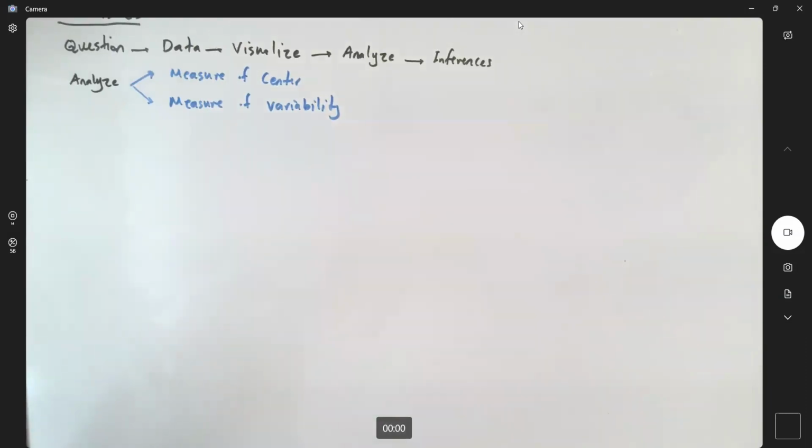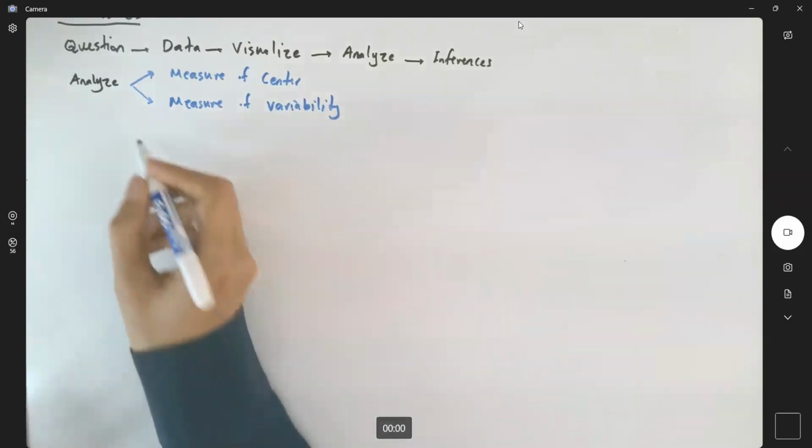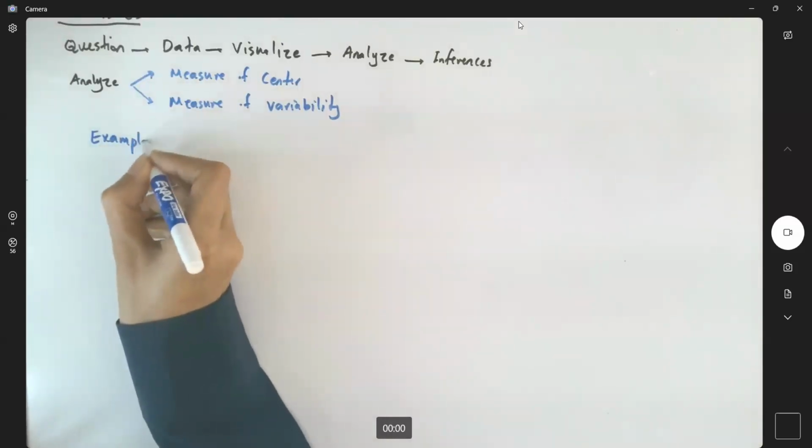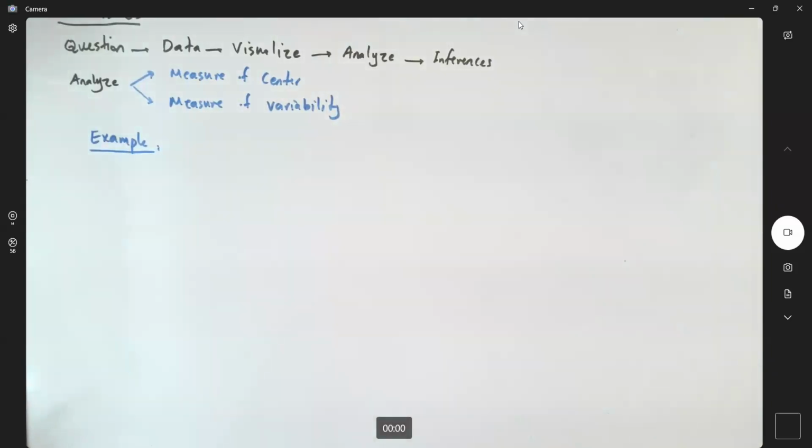So in this example, we have two sets of information. The very first corporation has the following information. You're the statistician and you collected the data.